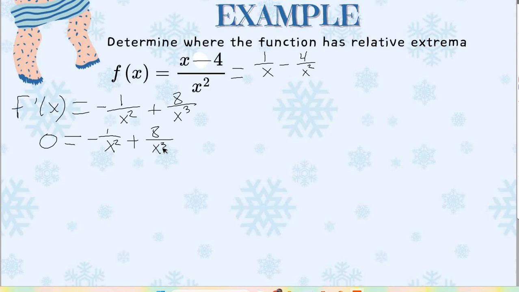So what would I do first? Be smart. Do we factor something out? I mean, you could. It's not going to be super helpful. So, can I add this over? Yeah. And then you multiply both sides by x cubed, and then you get x equals 8.